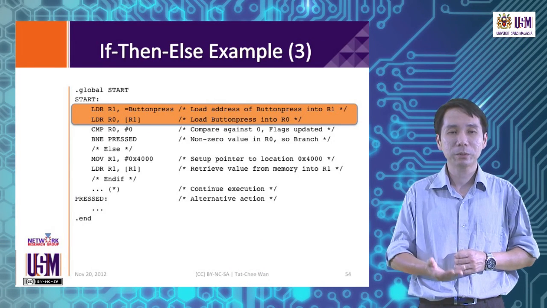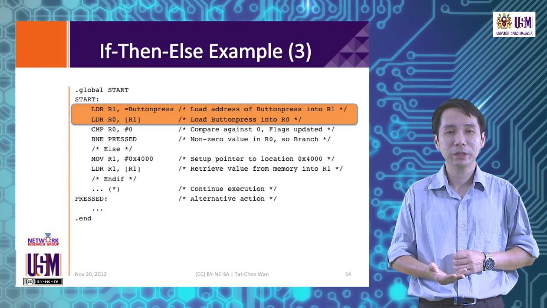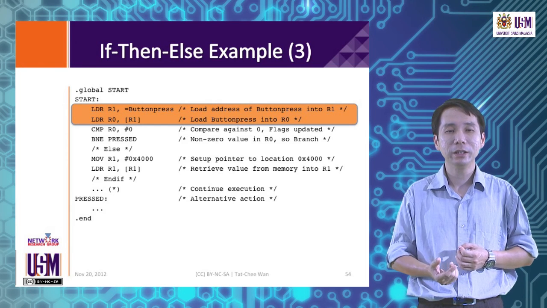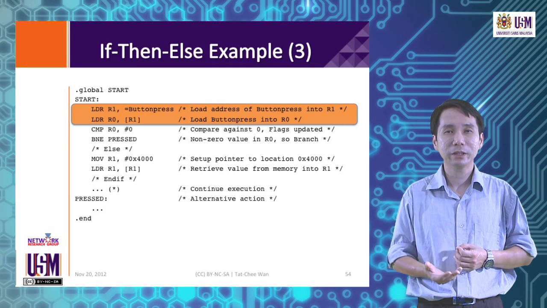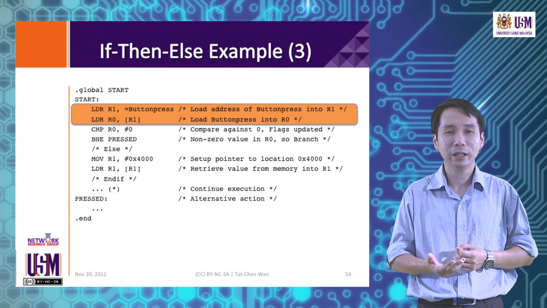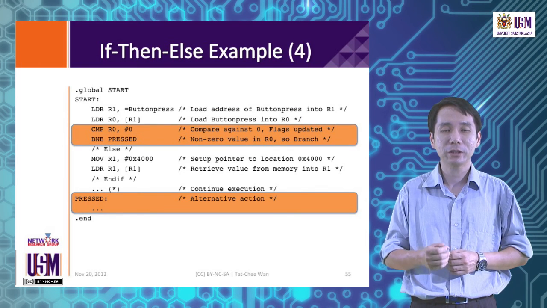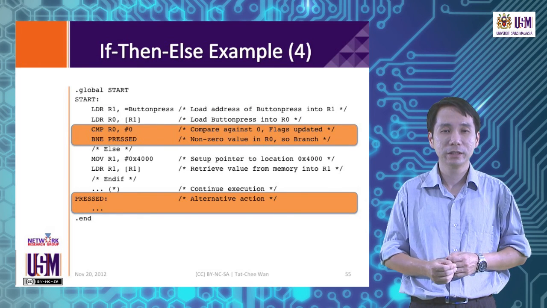In the beginning of this program, we will load the memory address location for button press into register R1 for use as a pointer. Then we will load the value in memory into R0 using R1 as the pointer address given in the second instruction, load R0, square bracket R1. Now we see the operation of the if then else construct.